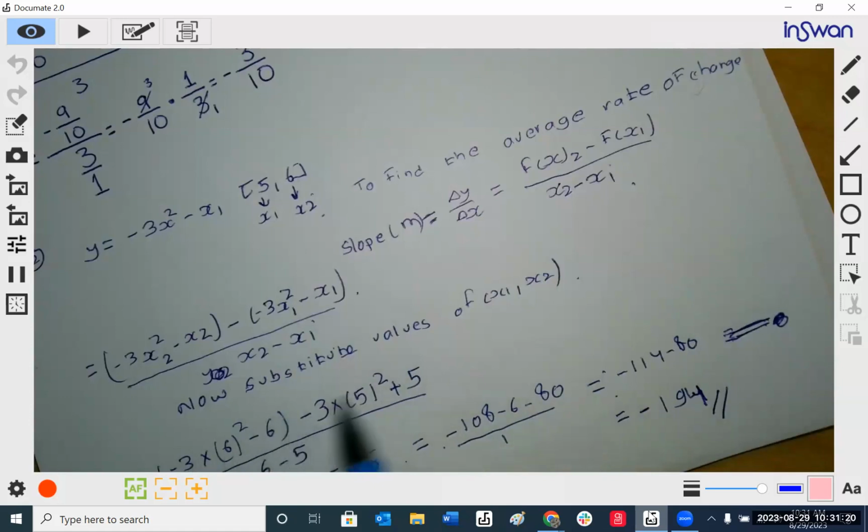That's how we did it. But I think the answer should be -3 or something like that. No, -34. I don't know, I messed up the calculation or something.